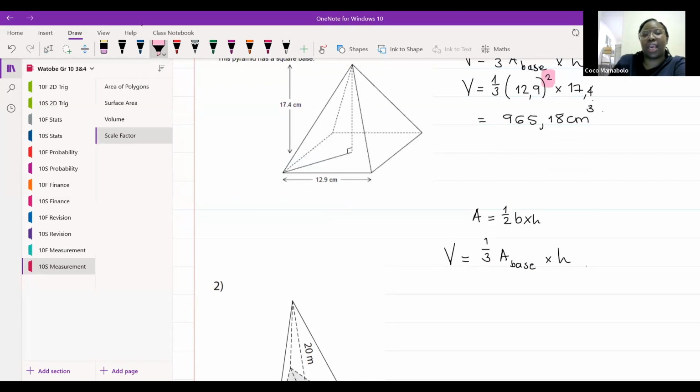Okay, it's because I'm calculating the area of a square. Remember that the area of a square is just side times side, which is the same as side squared. So I'm taking the side and I'm just squaring it. Okay, so you're going to get the same answer regardless.